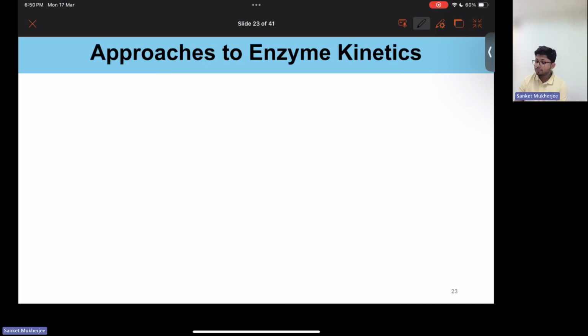Now, there are two approaches to this. Again, as I told you, one is rapid equilibrium. Another one is steady state.